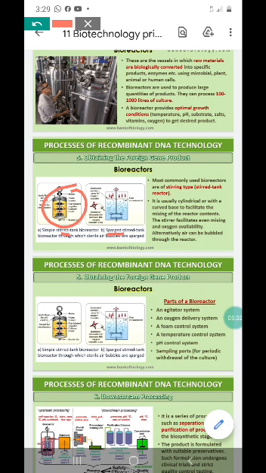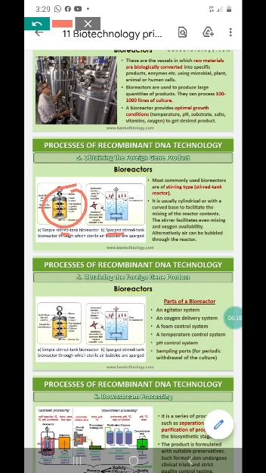It is usually cylindrical or with a curved base to facilitate the mixing of the reactor contents. Why is it stirred? Always continuously it is kept stirred. Stirred means continuously agitated, shaking. The stirrer facilitates even mixing and oxygen availability. Alternatively, air can be bubbled through the reactor. The other one is the sparged one.